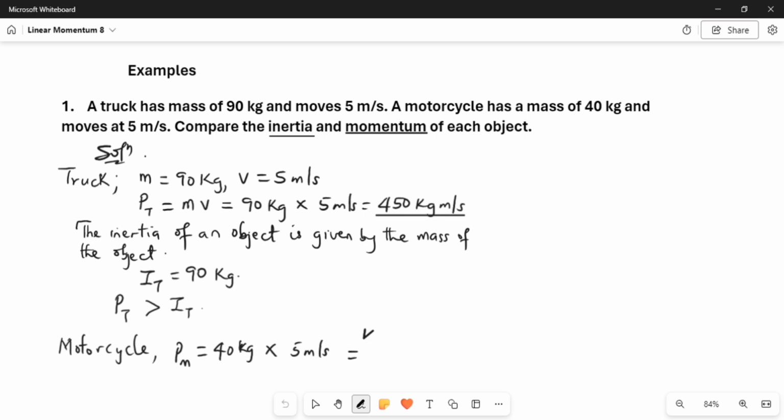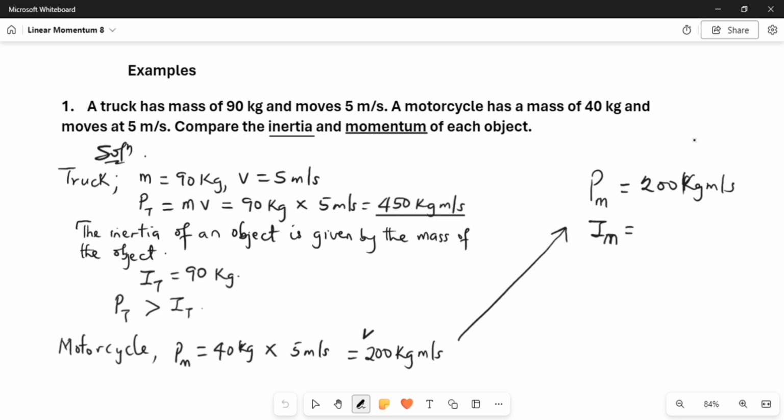That gives us 200 kilogram meter per second, while the inertia is given by the mass of the motorcycle, which is 40 kg.